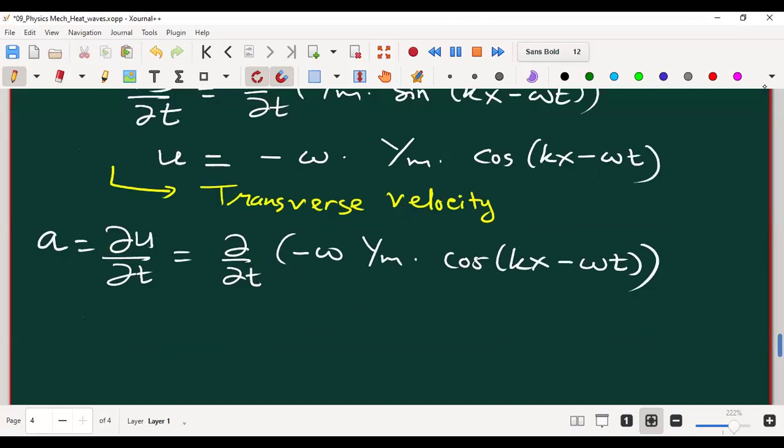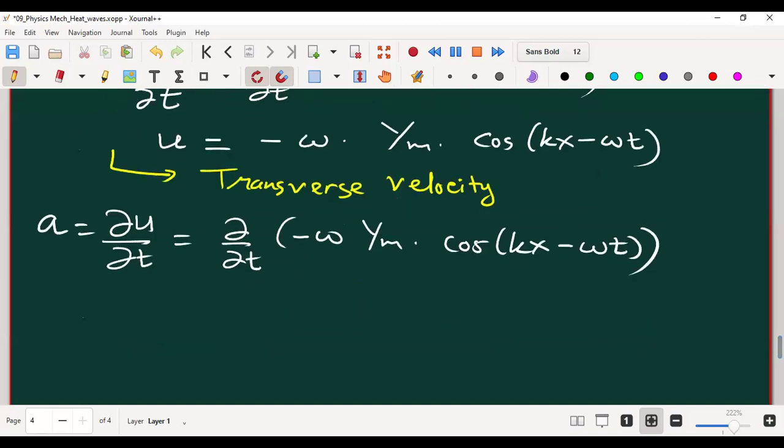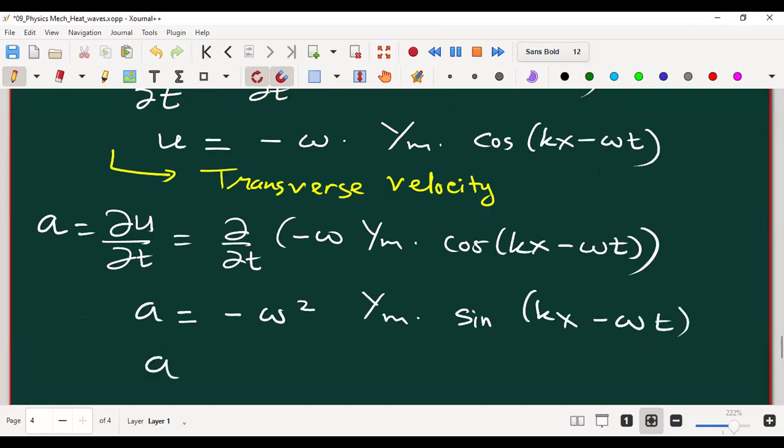So what is the result? The derivative of cos is minus sin. Minus and minus become plus. So a is −omega squared ym sin(kx − omega t). Actually this one becomes back to y. So a is −omega squared times y. Okay, this one is the transverse acceleration.